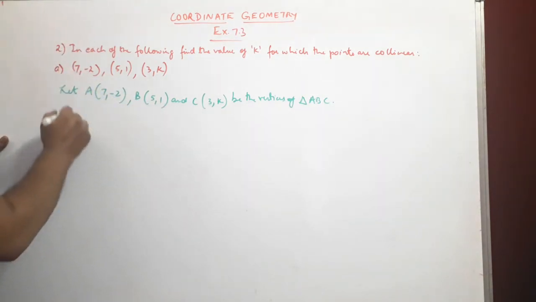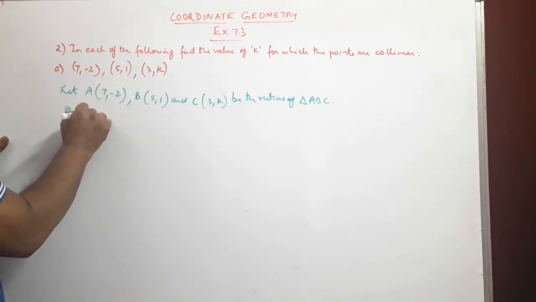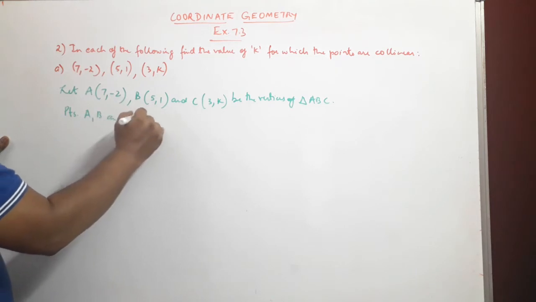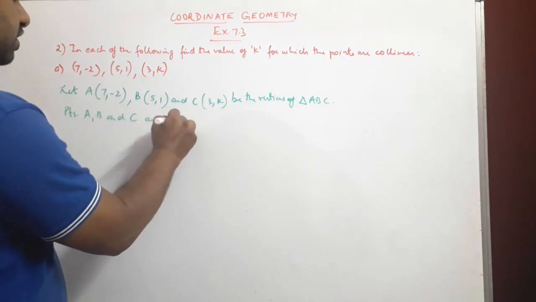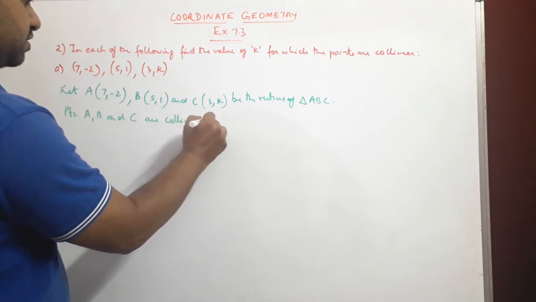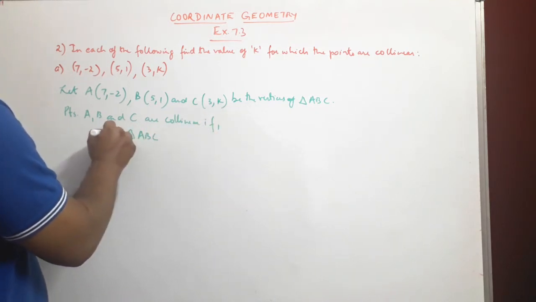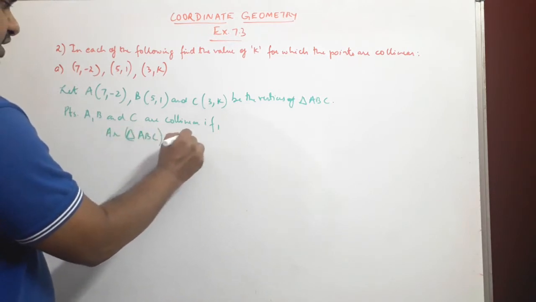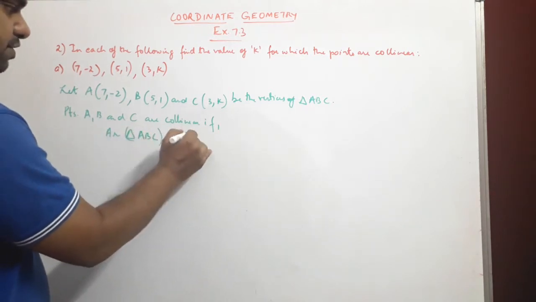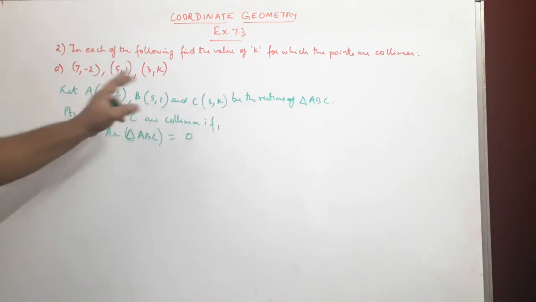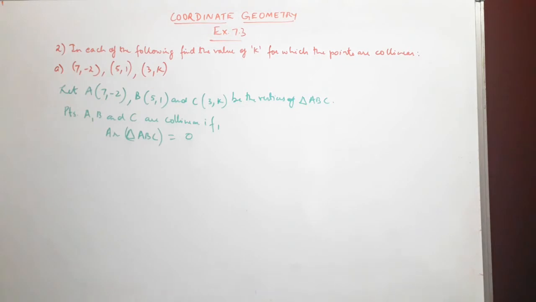Now points A, B and C are collinear if the area of triangle ABC is equal to 0. So the area of the triangle becomes 0 if these points are collinear. That means this area of the triangle should be 0.